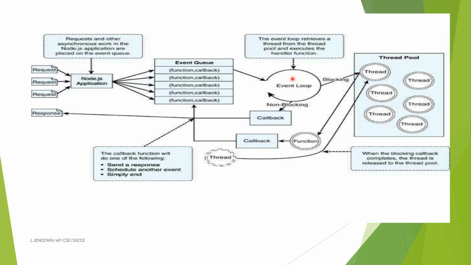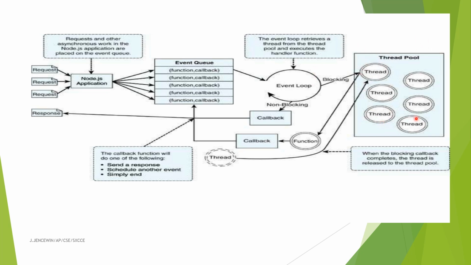If it is a blocking request, it transfers the blocking request to the thread pool. Now the event loop picks the next task from the event queue, and again checks if it is a blocking or non-blocking request. If it is a non-blocking request, it executes the particular task and sends back the response to the client. If it is a blocking request, it is added to the thread pool.